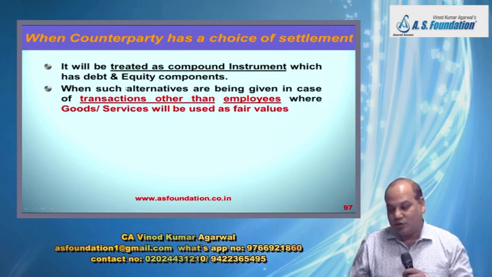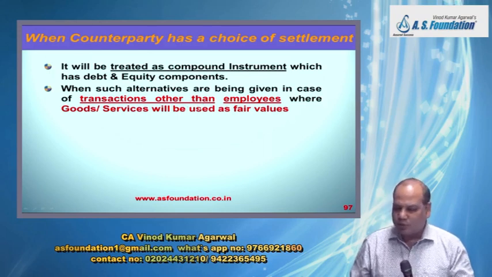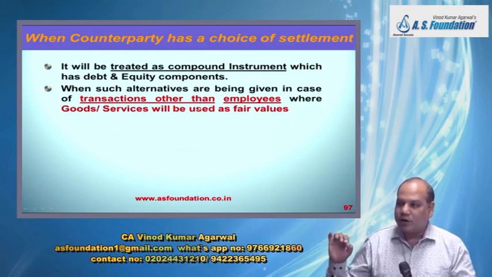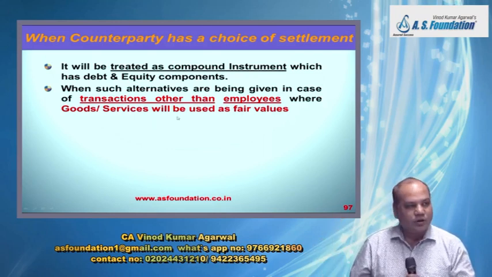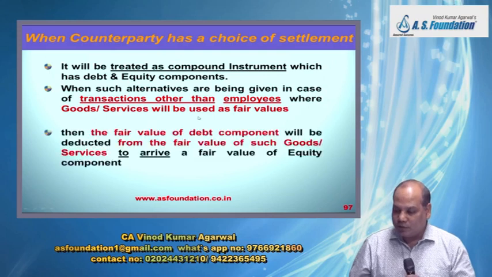When such alternatives are given in the case of transactions other than with employees, again two discussions, but both are the same. If the transaction is with parties other than employees, meaning we have received goods or service, value the goods or service at fair value. That we can do. Then the fair value of the debt component will be deducted from the fair value of such goods or service, and then you will arrive at the fair value of the equity component.